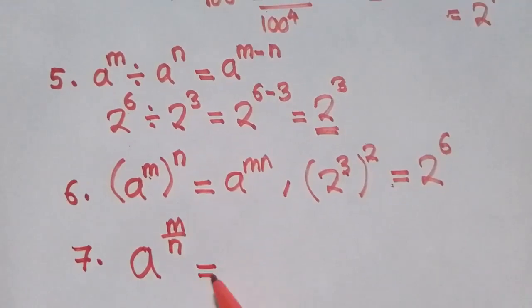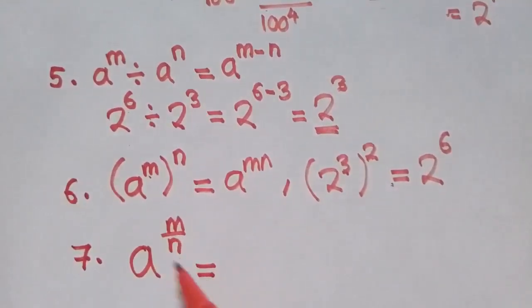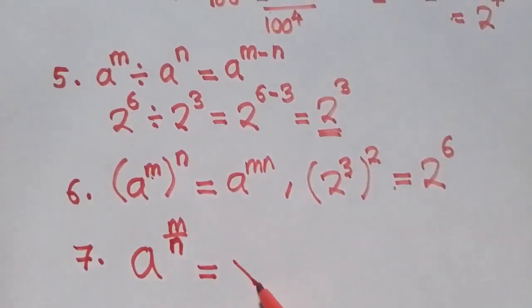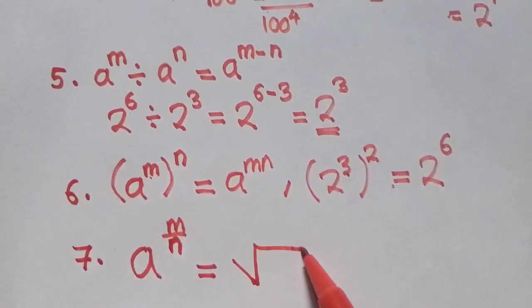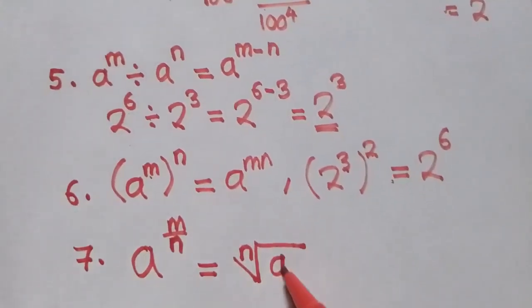So whenever you've got something like this, you are going to put a root like this. Have you seen? n will be there. The a is going to be inside there.